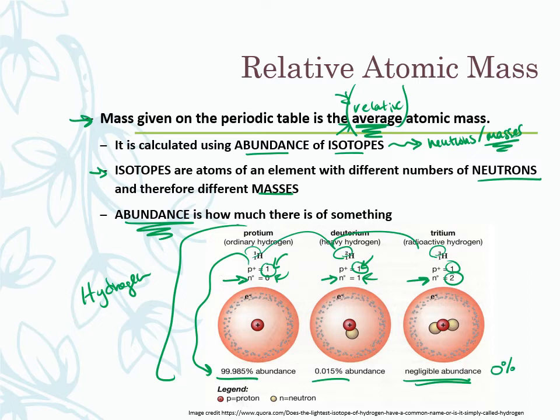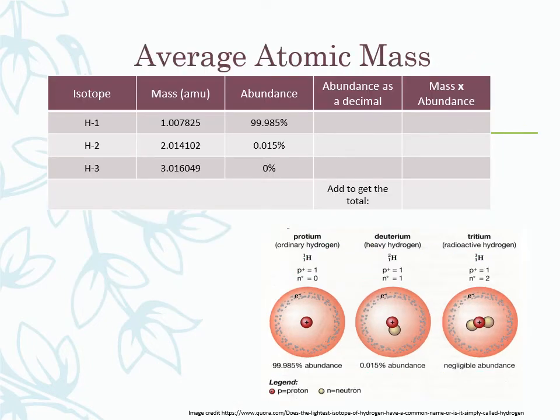And so it wouldn't make sense to say that the average is 2 if almost everything is only equal to 1. So we're going to do some fancy math to find what we call a weighted average, a relative average, based on that idea of abundance.